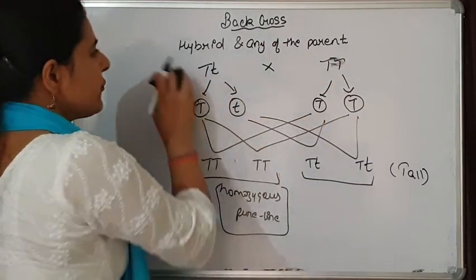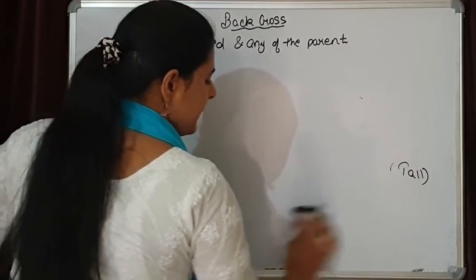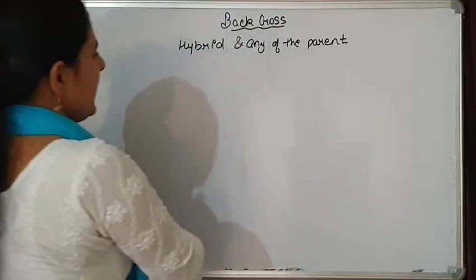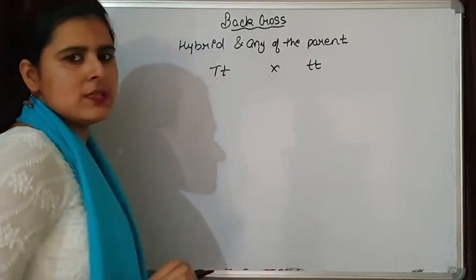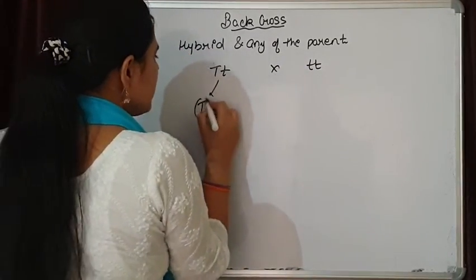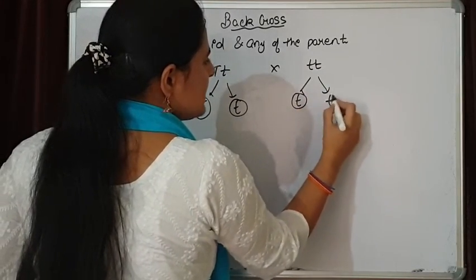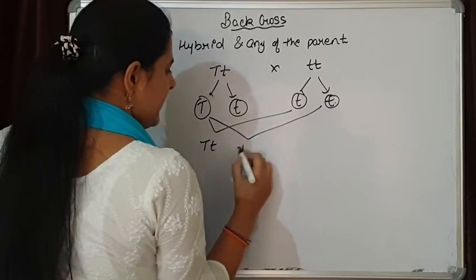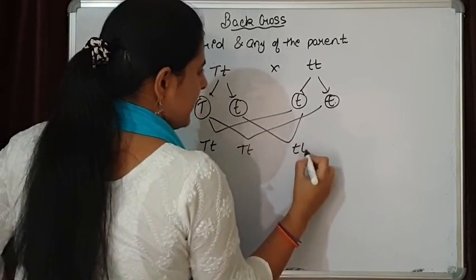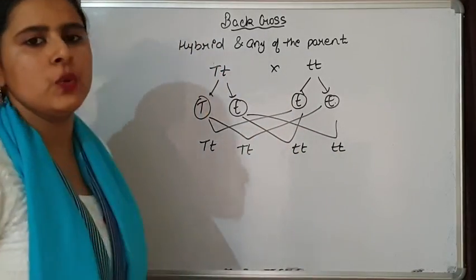Now let's see what happens when we cross this hybrid with a recessive parent. So this is our hybrid and this is the pure line recessive parent. The gametes formed will be of these types, and the plants are with this type of genotype.